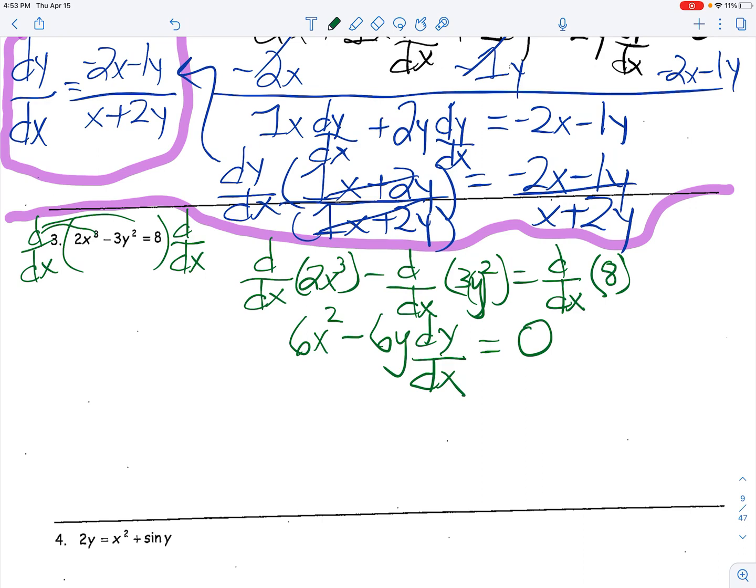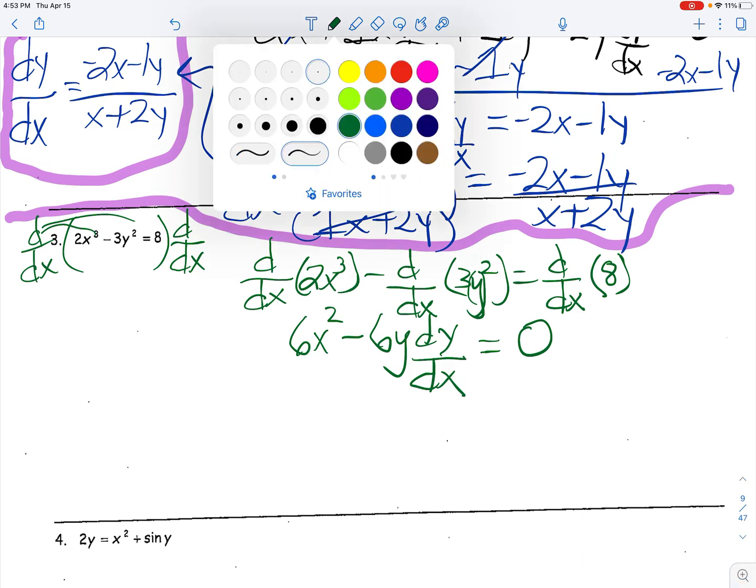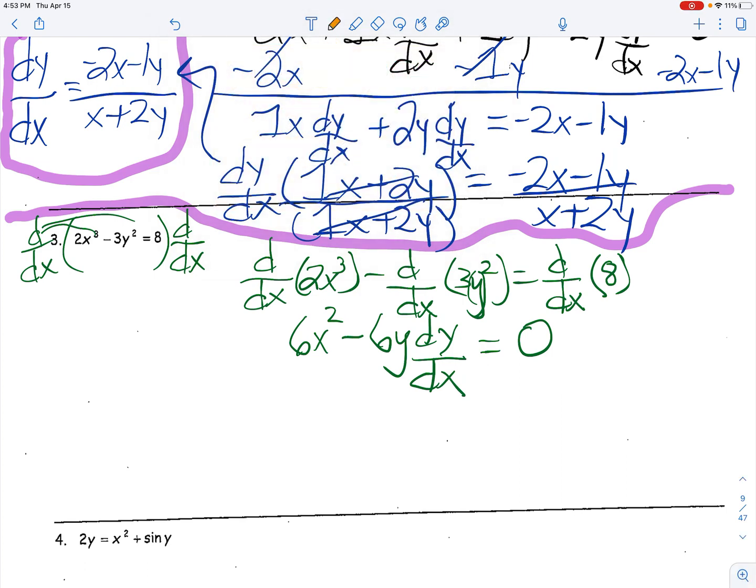All right, this one's not too bad. There's only one dy dx. So let's see here. What am I going to do? I mean, you could bring that 6y dy dx, that whole term, over to the other side, right, to get that to be a positive, since there's only one dy dx term here.